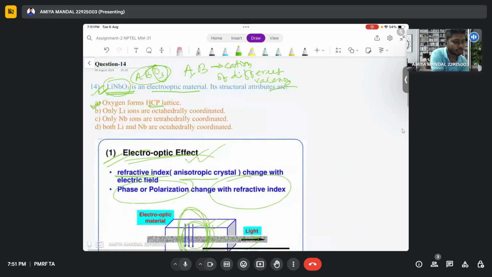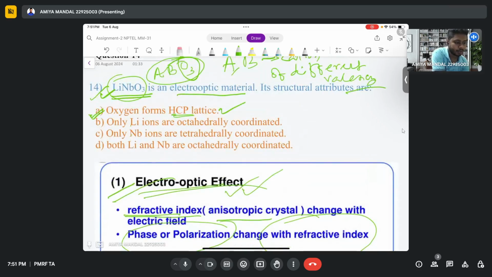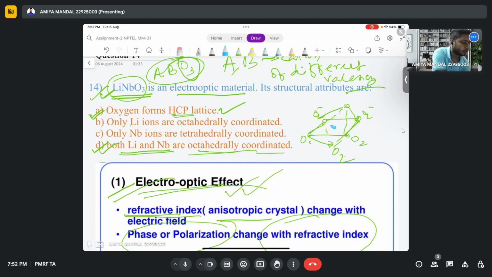Depending on this concept, now we can answer. This is an HCP lattice, and both lithium and niobium ions are octahedrally coordinated. Octahedral coordination means this is oxygen ion, and this is oxygen ion, and niobium ion is octahedrally arranged at the center.